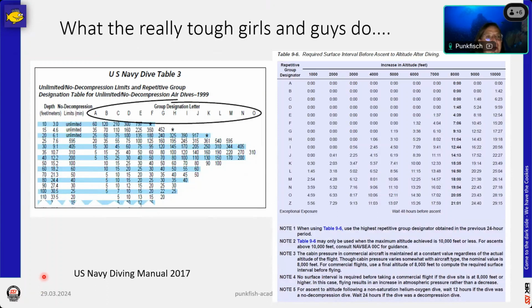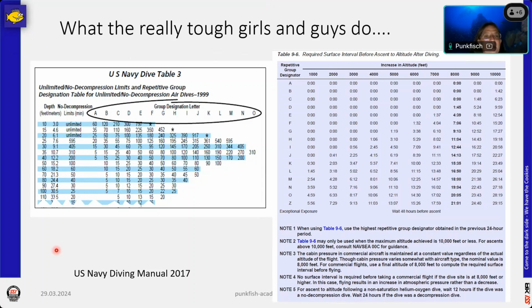What do they do? We have these US Navy tables, which is not exactly what we would use for our recreational dives, but it's interesting information to see how they consider the risk, because they don't want to ruin their people either. It's not that they want to have people getting sick all the time just because they fly them out after a dive.